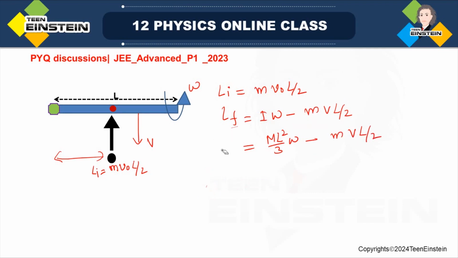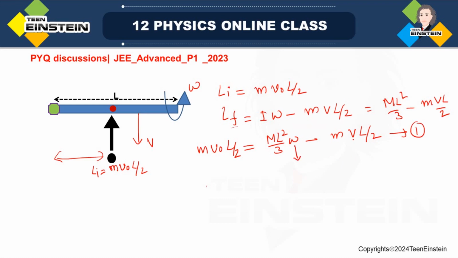Now if we equate these two, m v0 L by 2 is equal to this one. Alright, so applying angular momentum conservation, we get this equation number 1. See, in this equation I have two unknown quantities.